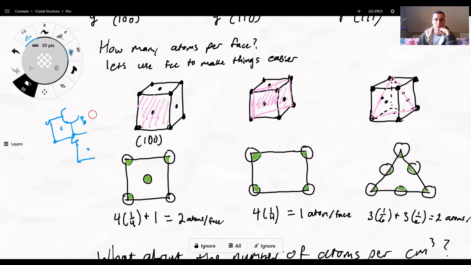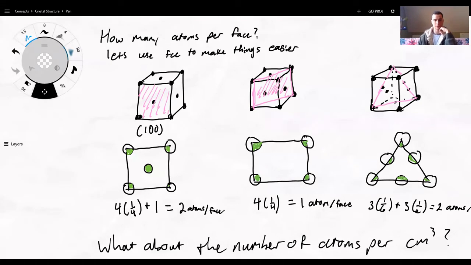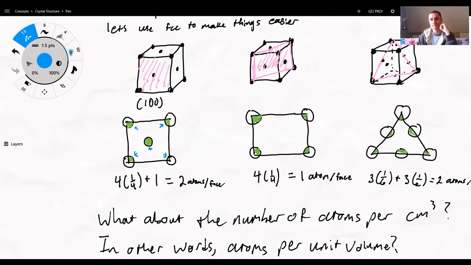So what I've done here is I've shaded them in green in the fraction that's actually shared by each face. So in this case, we have 1/4 of each of the corner atoms and the full thing of the center.